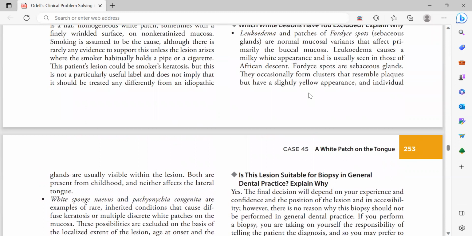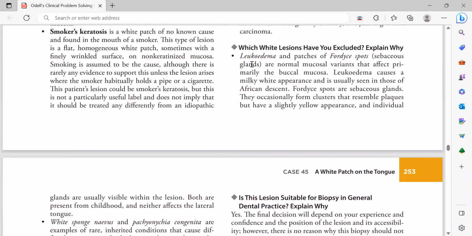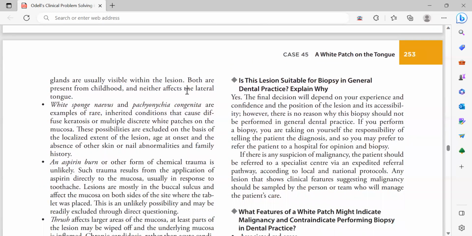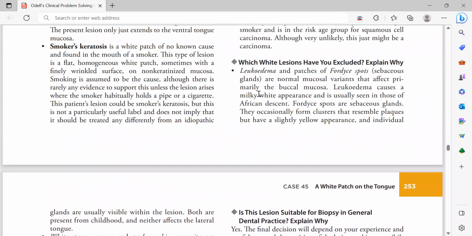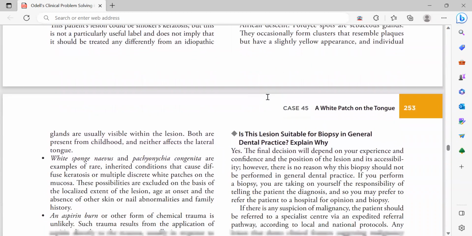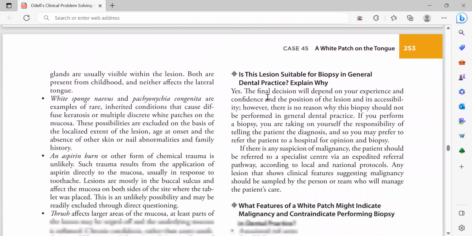So we have excluded them, because if these two were the cause for this patient, then they should be present since birth. Their site is also different, and their origin is also different, and there is no very good link with them.